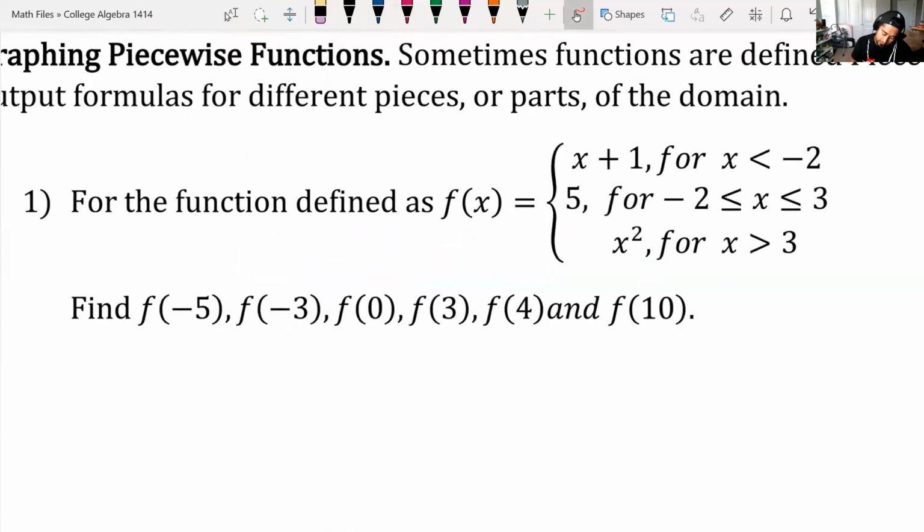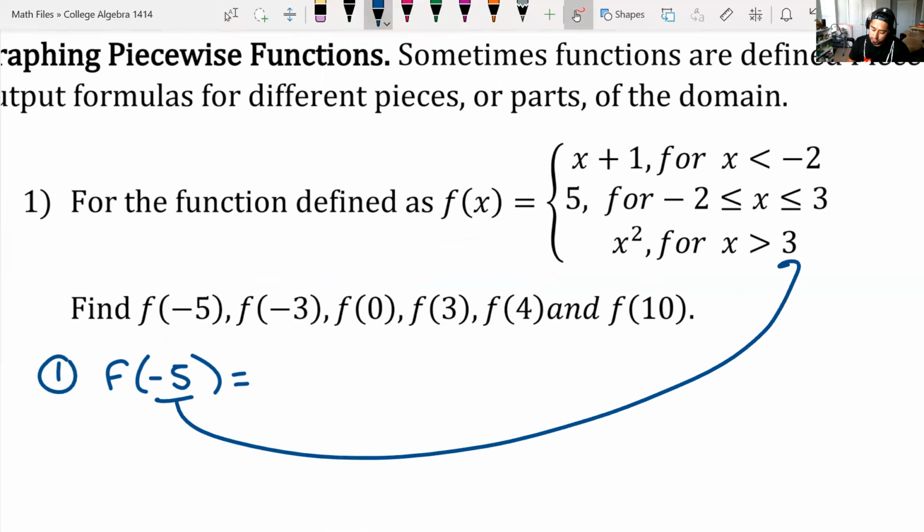So for the first one, we have f of -5. So remember, this is the x value. So now we look over at these restrictions and we wonder, where does -5 fit? Is -5 less than -2?